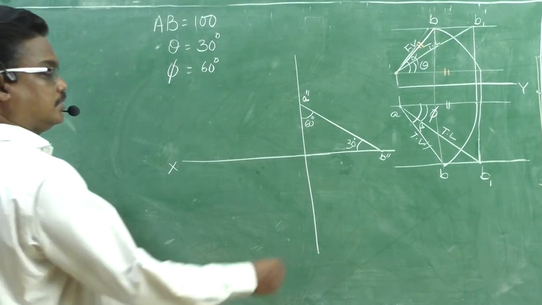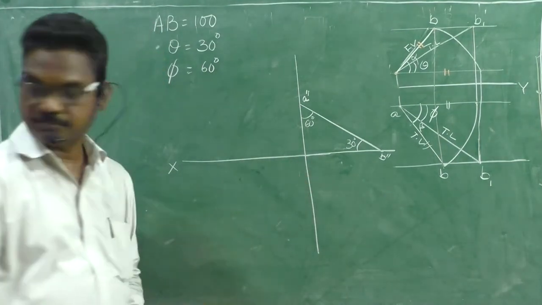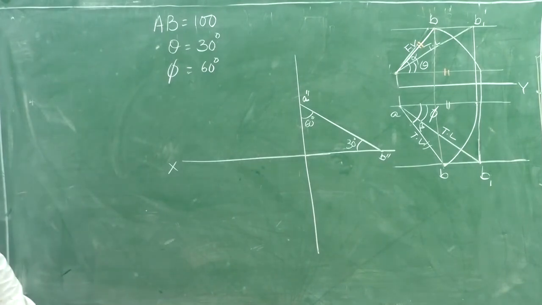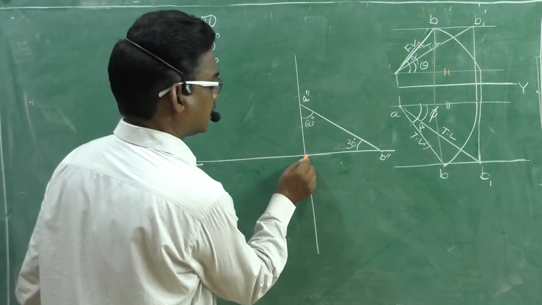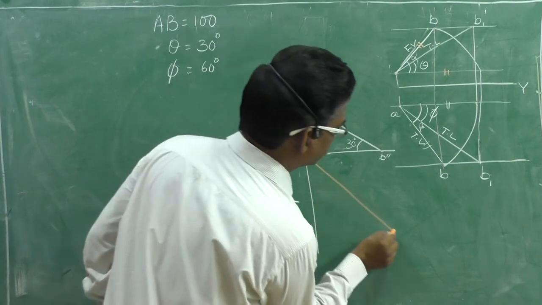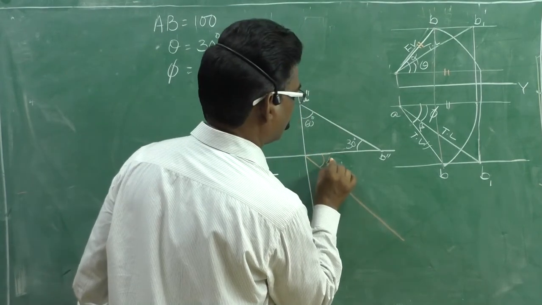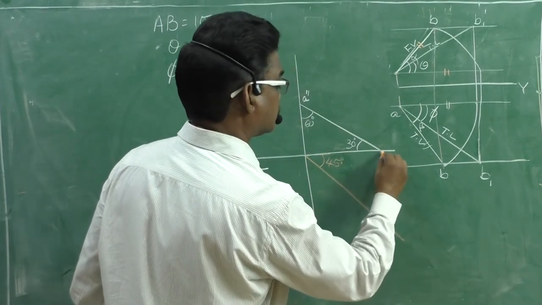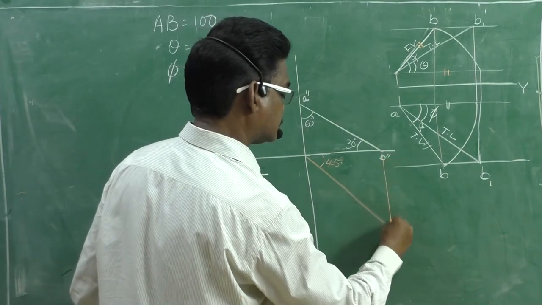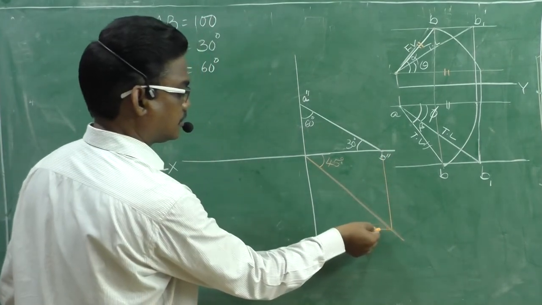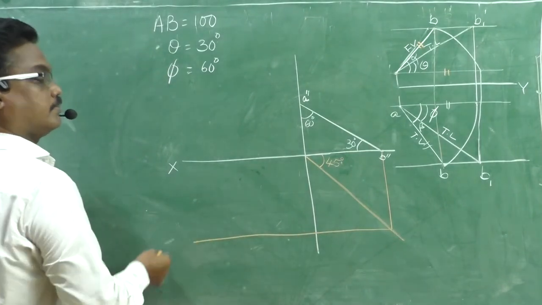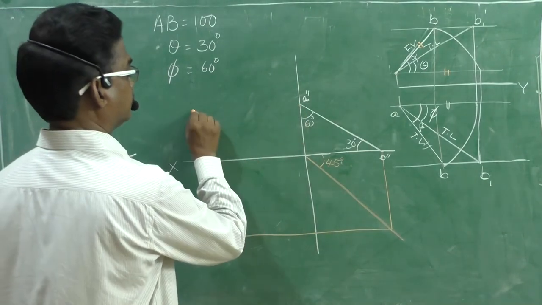Now, by considering a line with 45 degrees angle, project it downwards and project here, right?